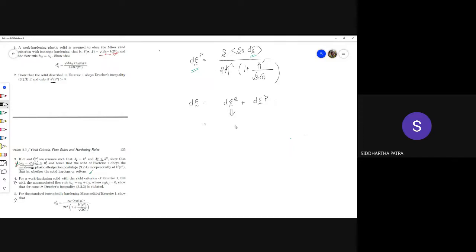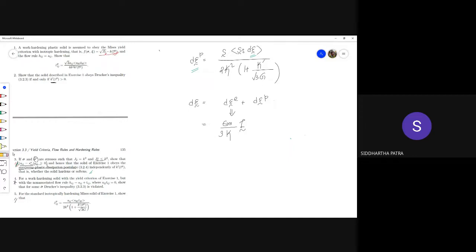There is a volumetric part, which would be like kappa times trace of... okay, sorry, no. So your hydrostatic part of the stress divided by kappa, actually divide that with 3, and then multiply with an identity matrix.